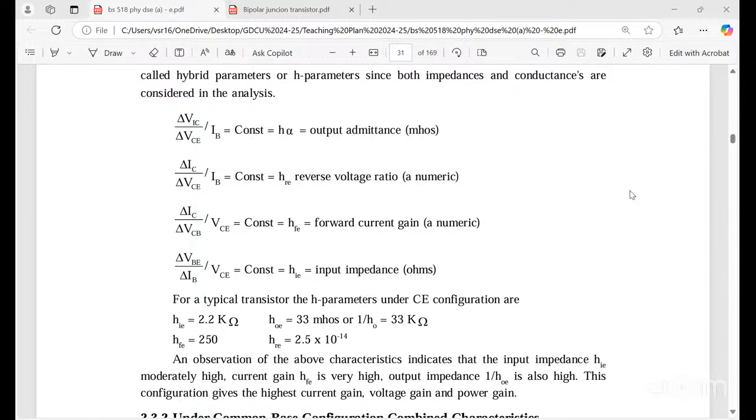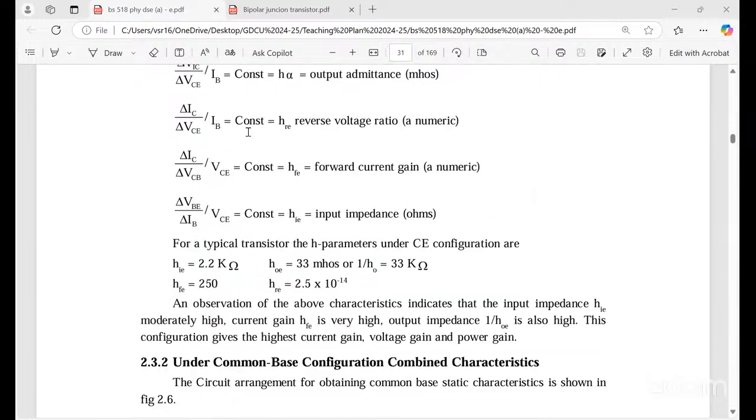So these are: output admittance, delta IC by delta VCE with respect to base current constant. That is HOE, output admittance.